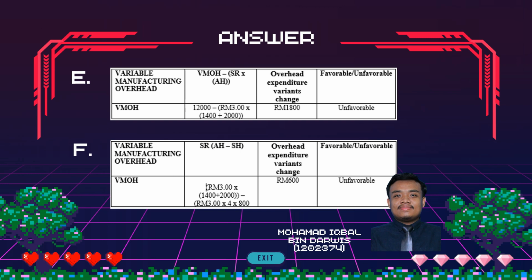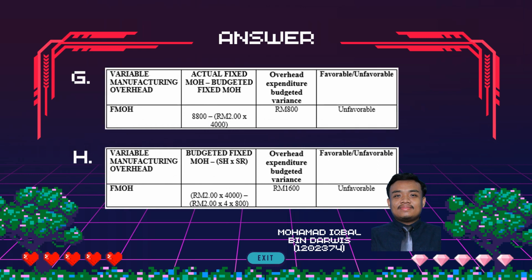For the F answer, 3 ringgit multiplied by 1,400 plus 2,000 minus 3 ringgit multiplied by 4 multiplied by 800. The overhead efficiency variance is 600, which is unfavorable.